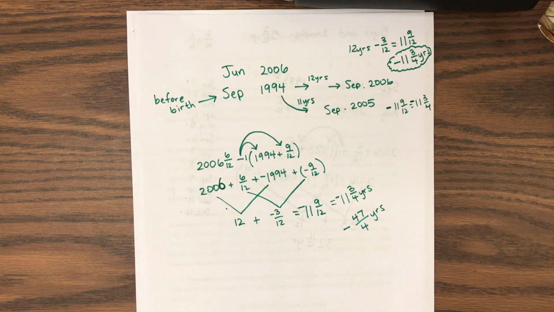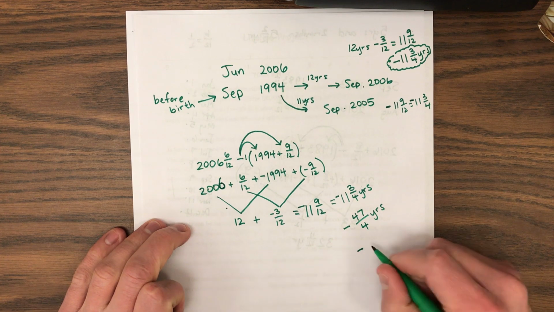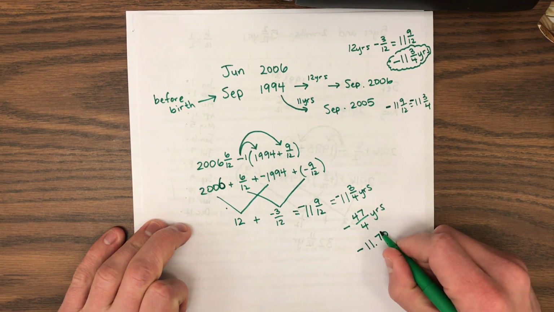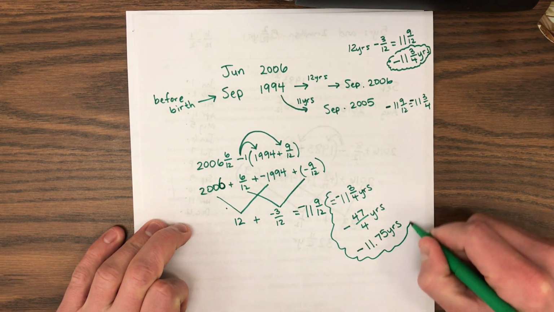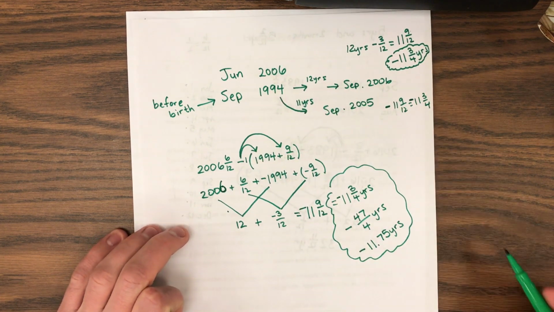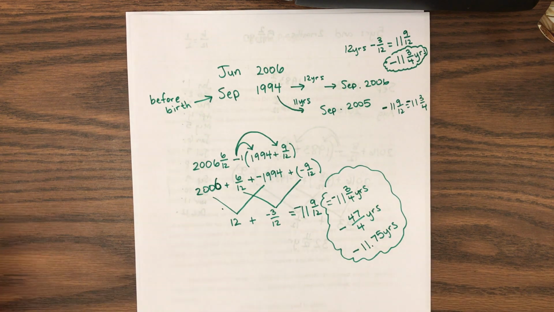A really weird way of talking about it, right? Oh yeah, my parents met negative 47/4 years relative to my birth. And then also, we're going to write this as a decimal number. So negative 11 3/4, that's equal to negative 11.75 years. So you would need all three of these labeled on your timeline at the place that says, my parents met. And then maybe have a little drawing or a picture of your parents or something like that would be appropriate.